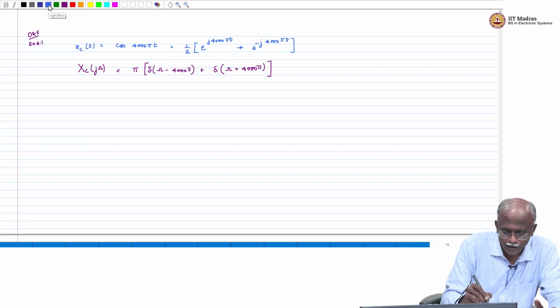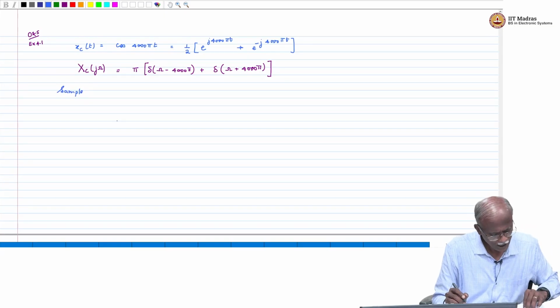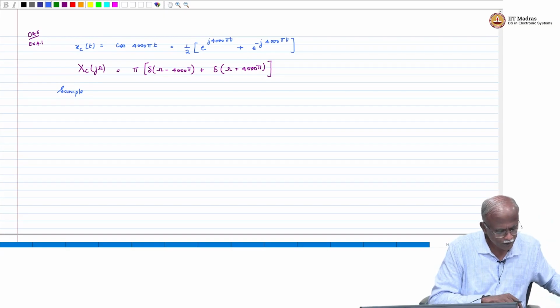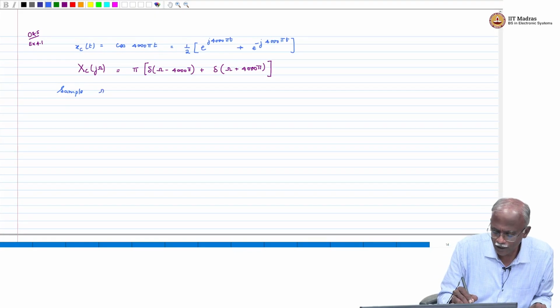Now we are going to sample this sequence. We are going to sample the sequence, and the sampling frequency that is given to us is omega s equal to 12,000 pi.